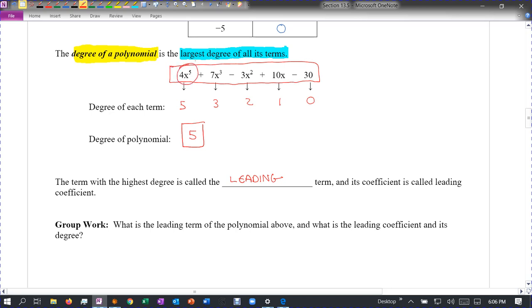So our leading term would be 4x to the 5th, and the leading coefficient would be the number in front. So that number 4 would be our leading coefficient. And the whole thing together is our leading term.